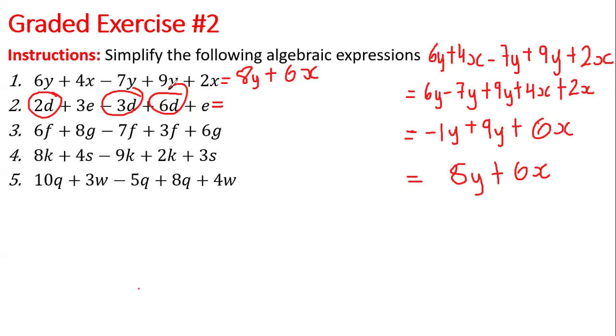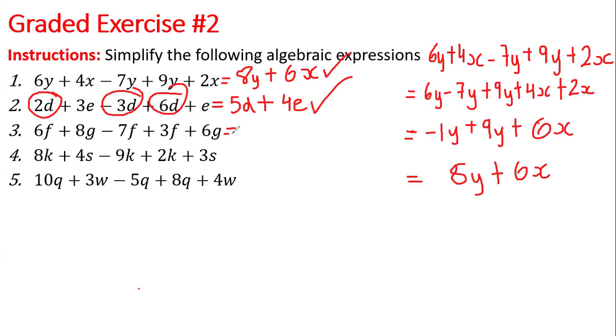That's going to be 5D plus 4E. Did anyone get that? Yes, sir. Okay, good.